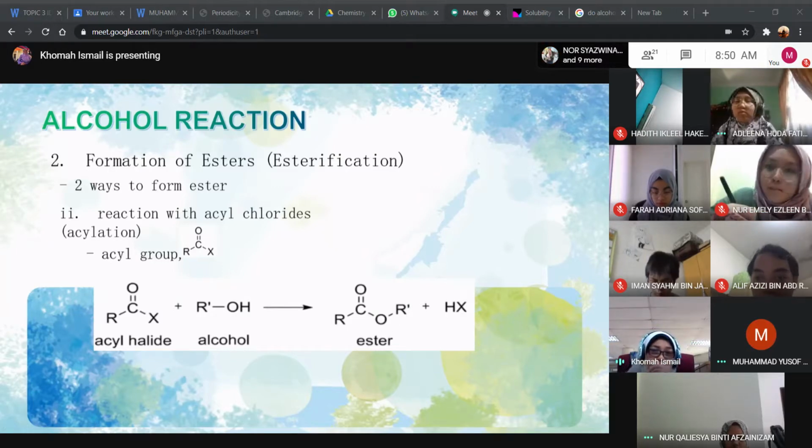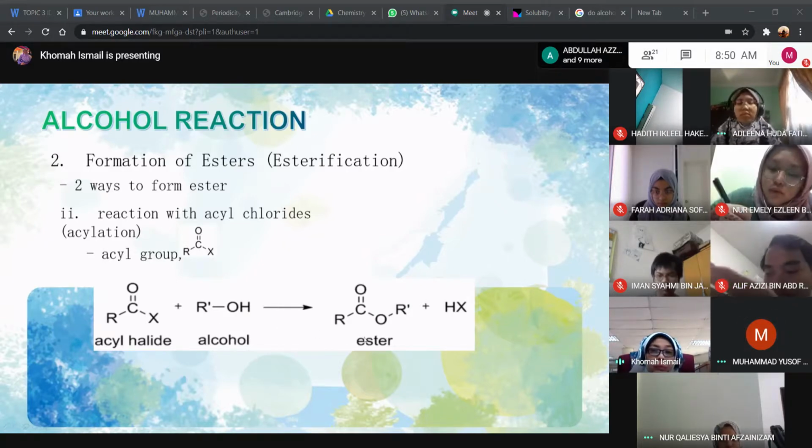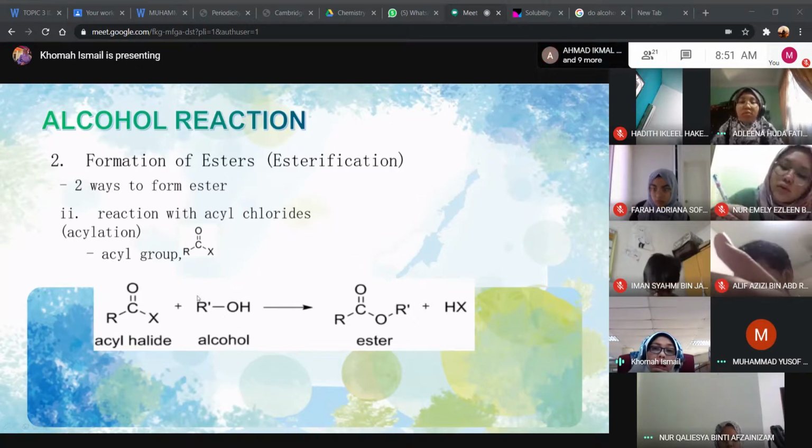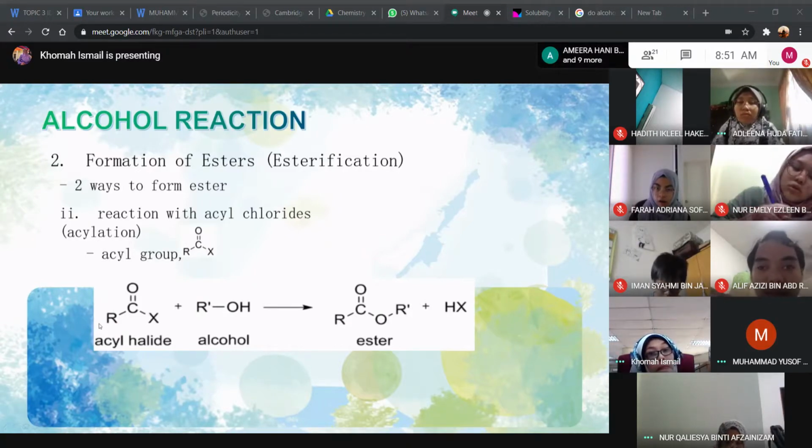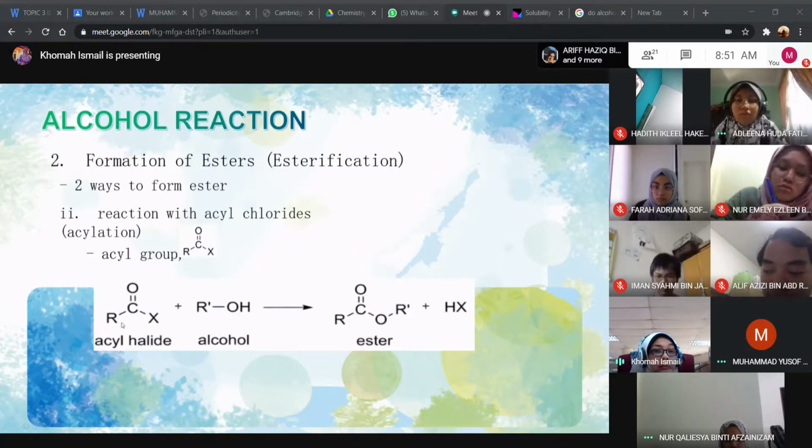The naming is still the same, although it is from an acyl chloride. For example, the alcohol is ethanol and the acyl chloride has three carbons, propanoyl chloride.